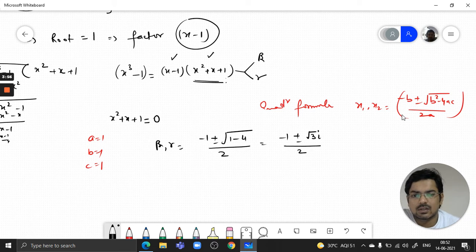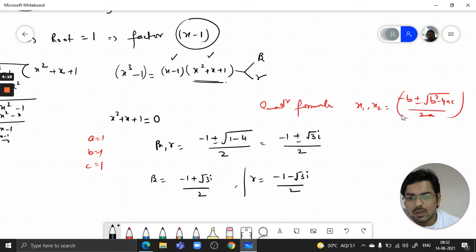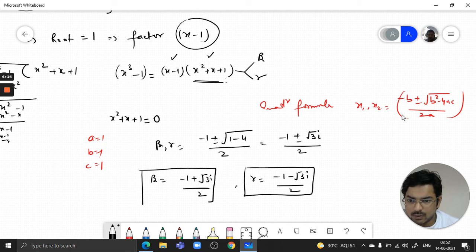This is clear from the complex numbers we have studied. So beta becomes minus 1 plus square root of 3 iota by 2, and gamma becomes minus 1 minus root 3 iota by 2. So the 3 roots of the equation x cube minus 1 equals 0 are alpha equal to 1, beta equal to this, and gamma equal to this.